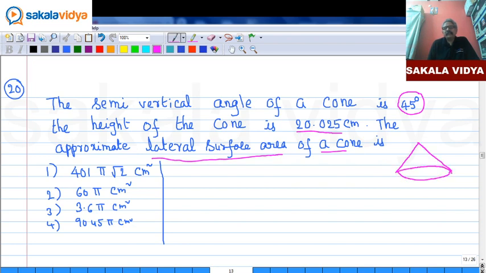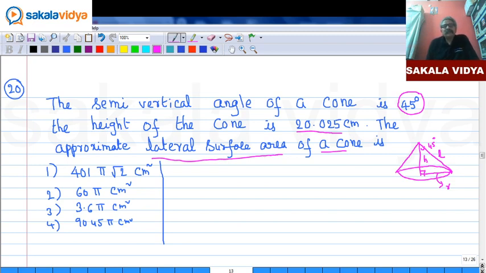This is a cone. This is height h. This is the base radius r. This is 45 degrees. This angle is 45 degrees. This will be slant height l. So, whenever angle is 45 degrees, h and r are equal.